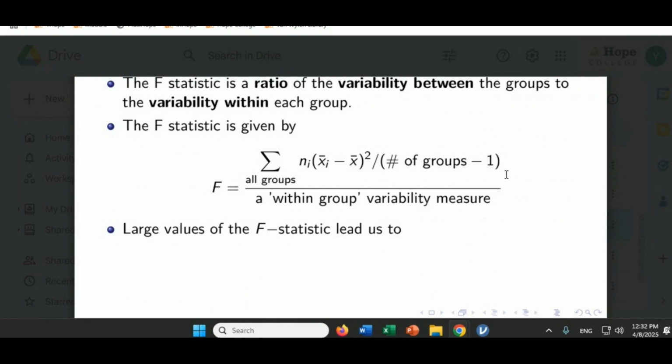Yes, because the null says all the means are the same. If you are getting a large F, what does it mean? It means there's a group out there that either is very big or has a mean that is very far away. And the other thing to note, do groups that have larger sizes have more say in the F statistic?